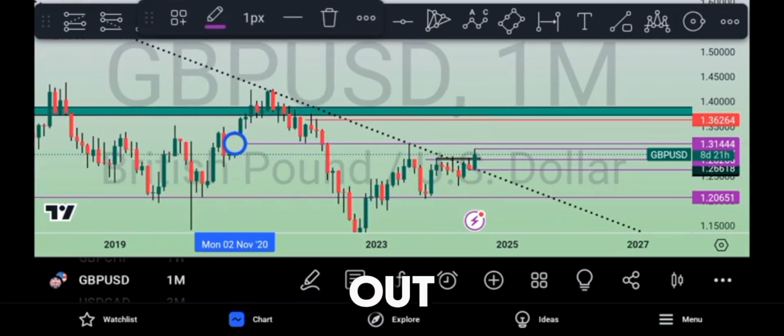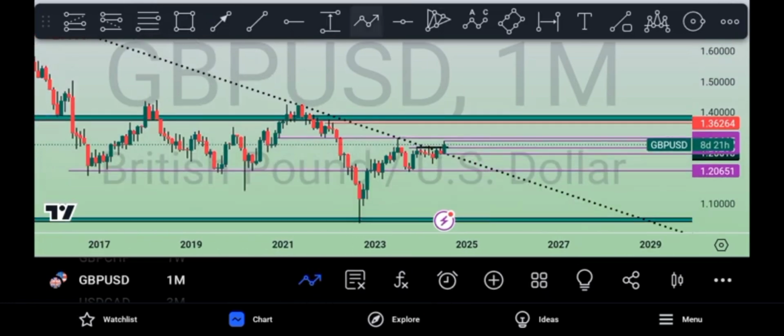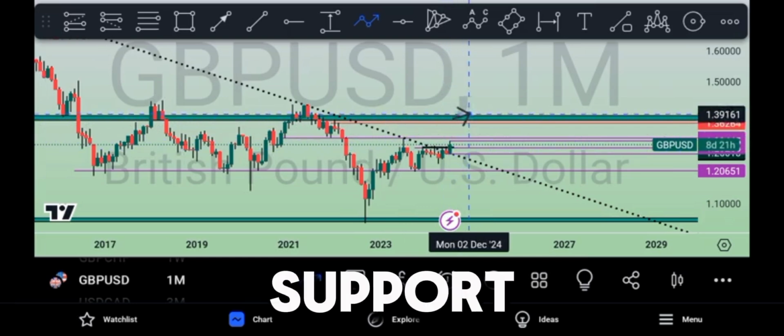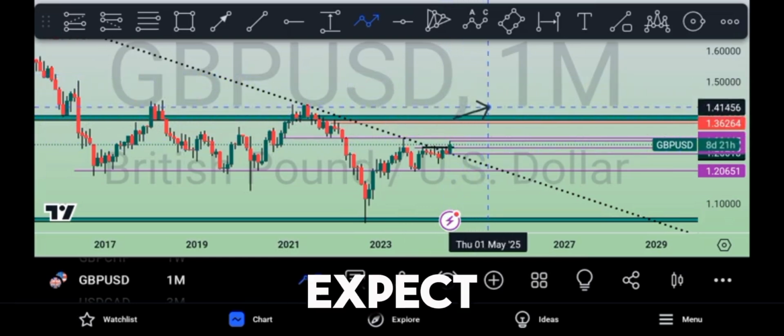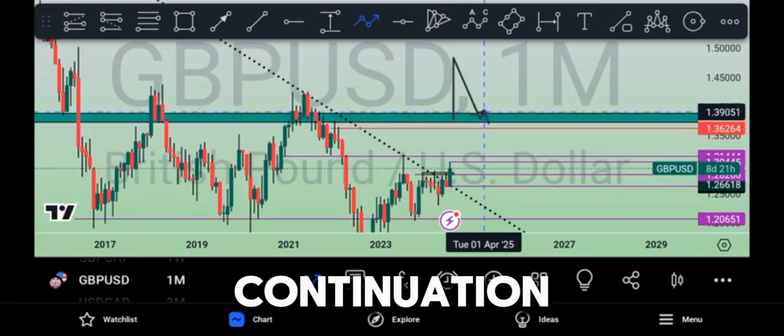If we take out this level right here, this purple bar, I expect this market to blow up all the way to this support level right here. And then if we take out this support level, I expect a pullback here, and then a continuation to the upside.